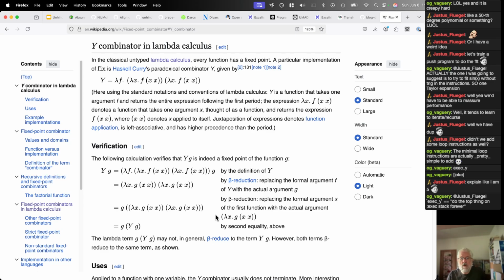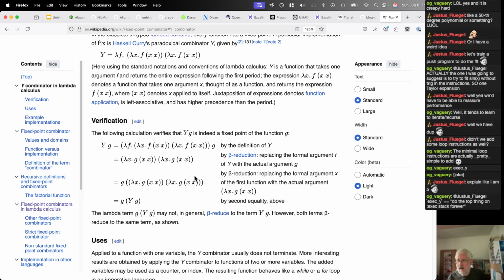So you can create recursive definitions without providing a name for the function that is recursive. And the details are a little whack, and I'm not going to go into that right now because that would be a distraction. But this is a very important thing in lambda calculus, so that you can do recursion without having named functions.